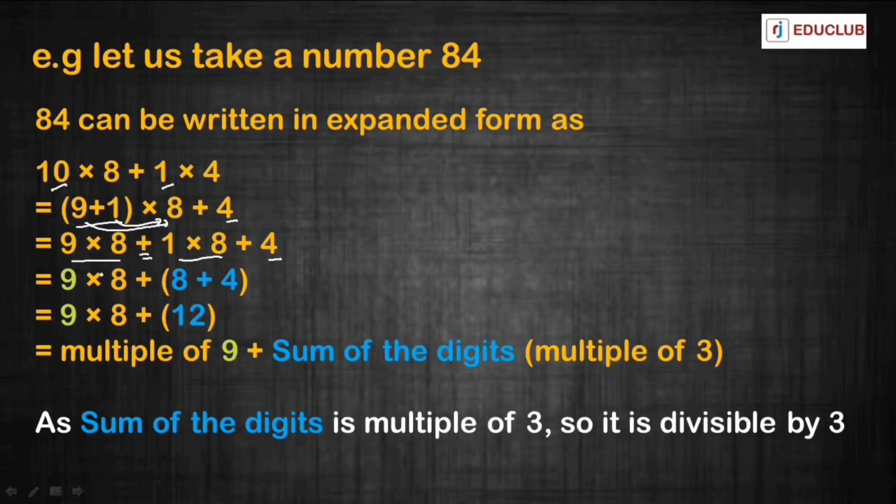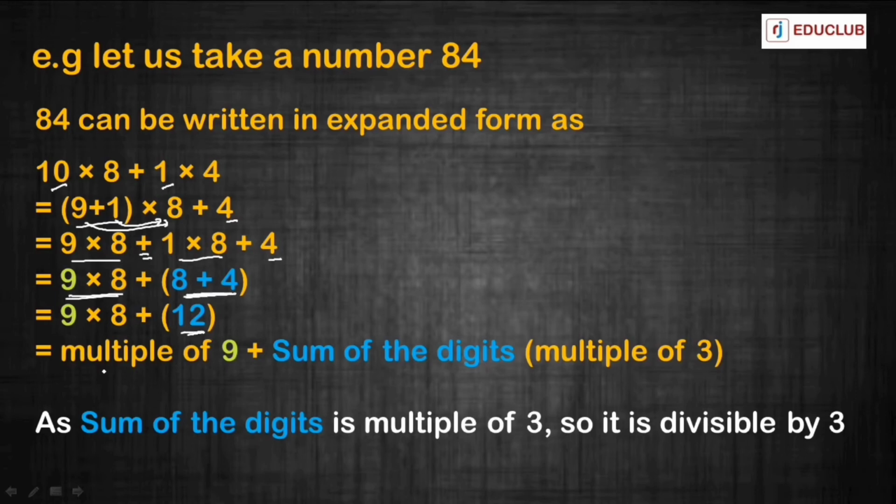Now this is 9 into 8. This is a multiple of 9. You can see 9 is there. 1 into 8 is equal to 8. 4 as it is. Okay, 8 is not a multiple of 9, 4 is not a multiple of 9 or 3. Now this is a multiple of 9 and 8 plus 4. If you make the sum of the digits, then it becomes 12.